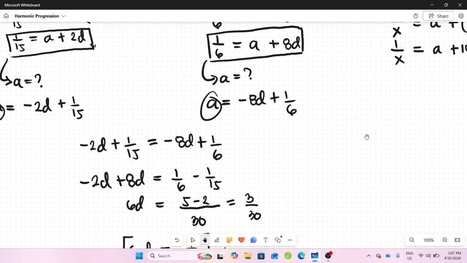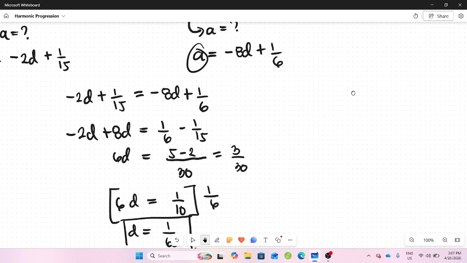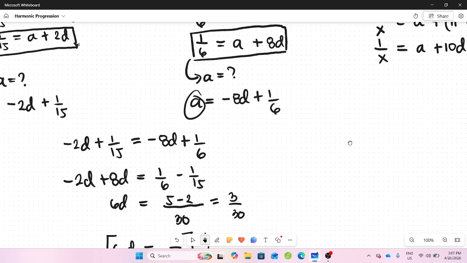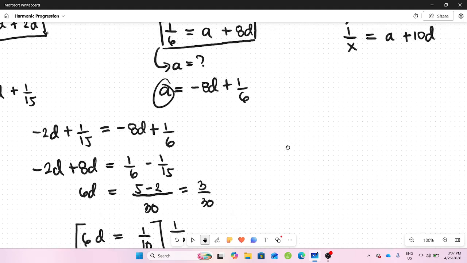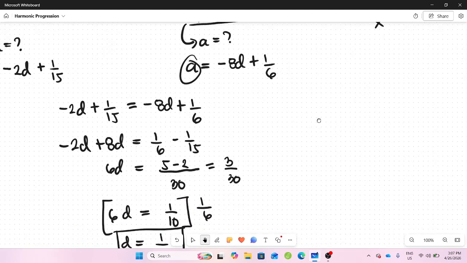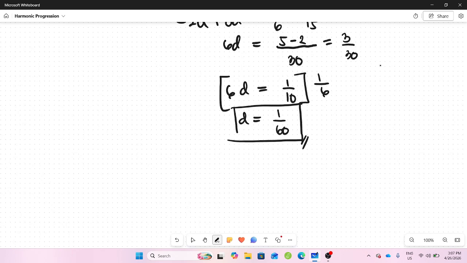Let's try that one. So we get a common difference of 1 over 60. Now let's solve for the value of a. What is the actual value of a?